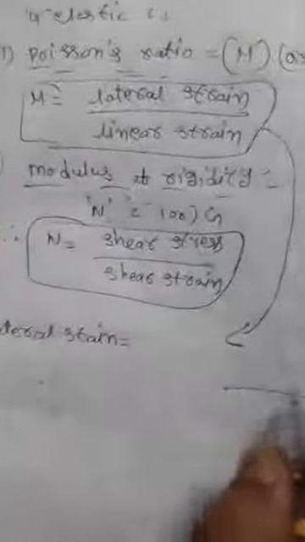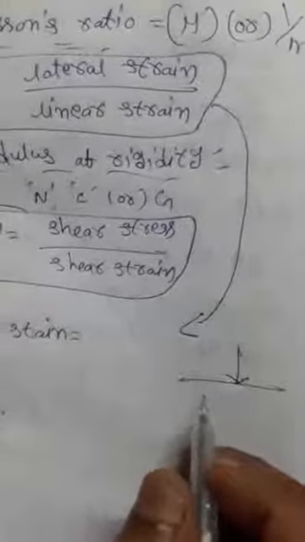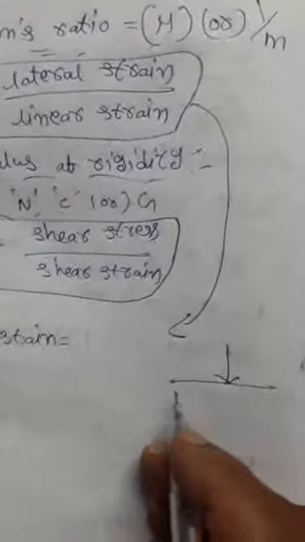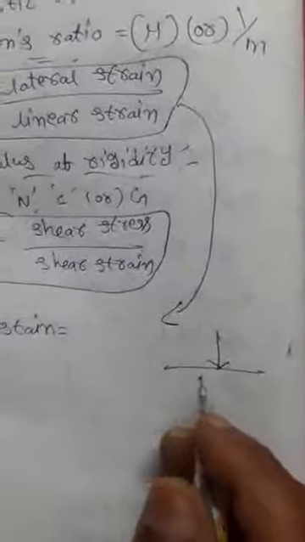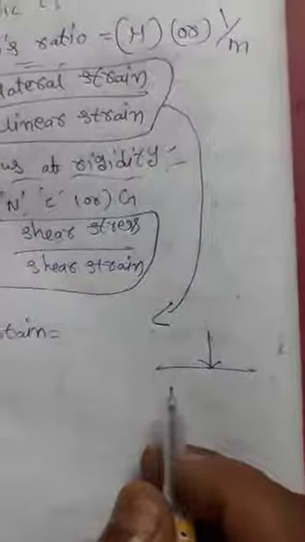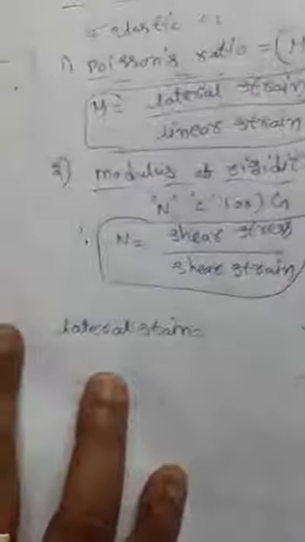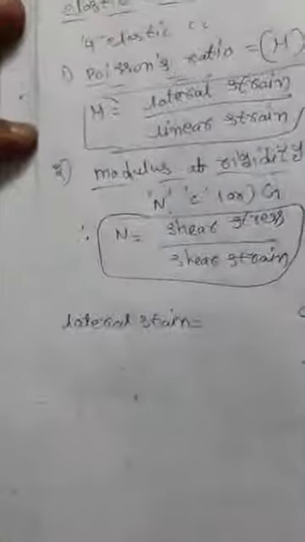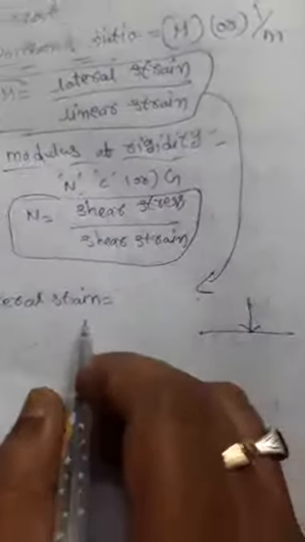When a beam is acting under a given load, if the loads are compressive, it can change its length. If the loads are tensile, the dimension changes, such as the diameter. Lateral strain is nothing but change in dimensions by original dimensions, and except length, all changes in dimensions come under lateral strain.